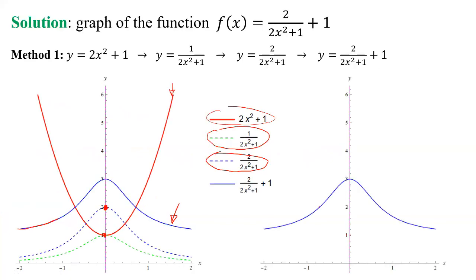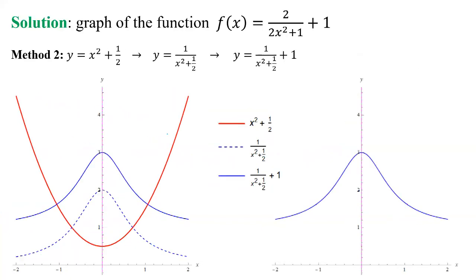Understand? Okay, so let's have a look at this route. First of all, we draw x² + 1/2 like this, right? And after that, we draw the reciprocal of x² + 1/2, which is shown in the dotted blue line here, by analyzing the end behavior of the solid red line.